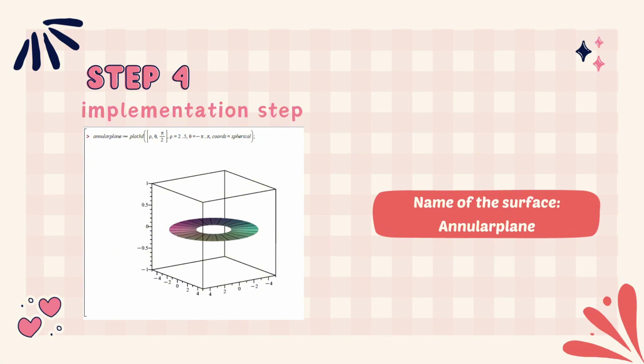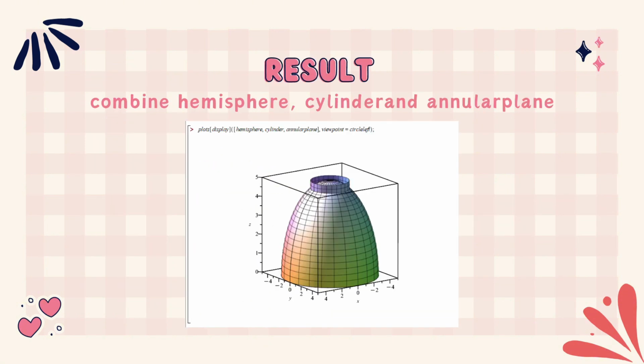The name of the surface is annular plane. To get the result, I insert plots display, open bracket, hemisphere, cylinder, annular plane, with viewpoint equals circle left and close bracket. That is the output. It is a combination of hemisphere, cylinder, and annular plane.